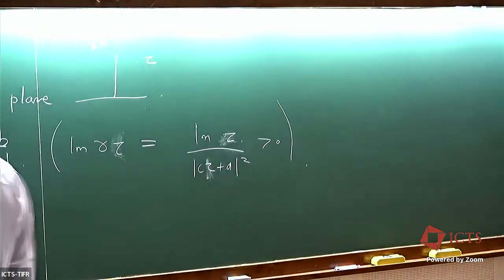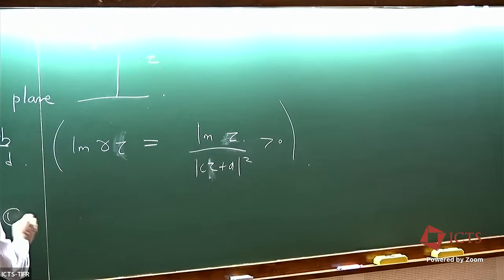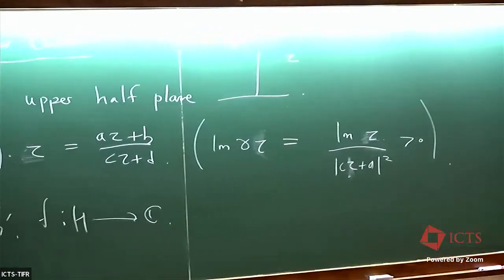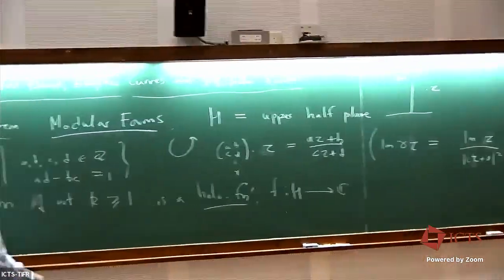Okay, so what is a modular form? It's a holomorphic function of weight k greater than or equal to 0, in the upper half plane to the complex numbers such that the values at those 2 points are almost the same, but not quite.